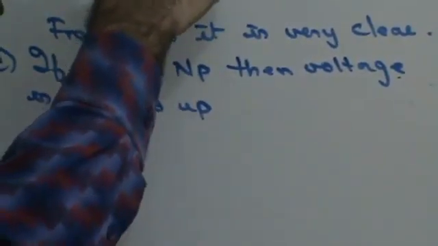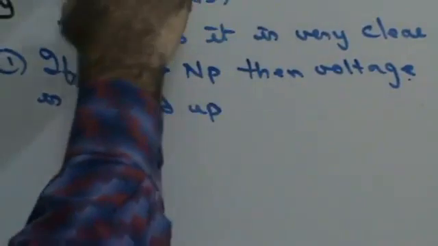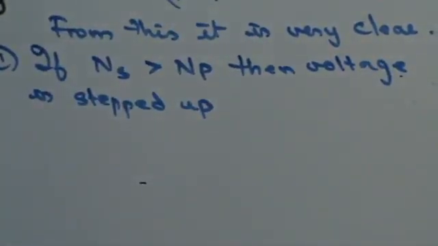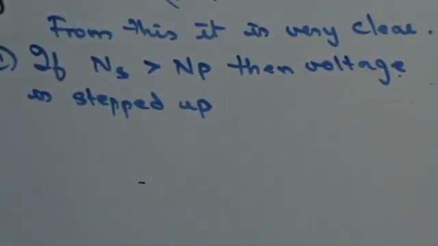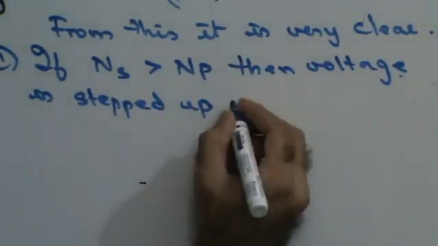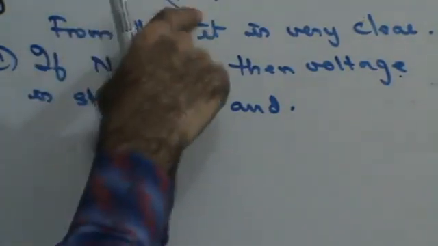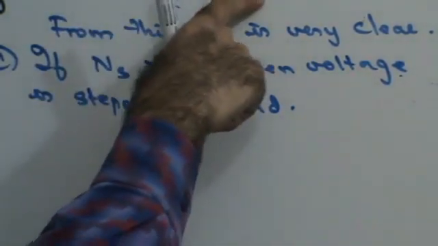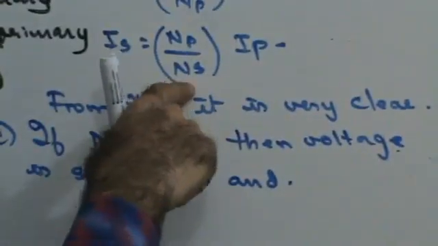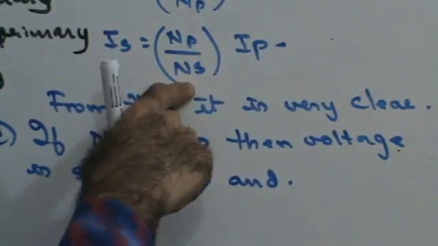Because see, it is NS upon NP, so obviously if NS is greater than NP, ES will be greater than EP. For such a transformer, if NS is greater than NP, then the current is going to be reduced because it is NP upon NS, so I'll get an answer which is less than 1.